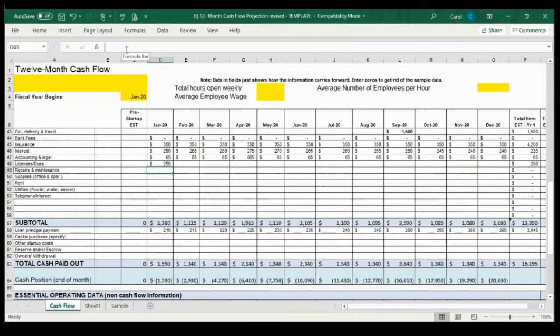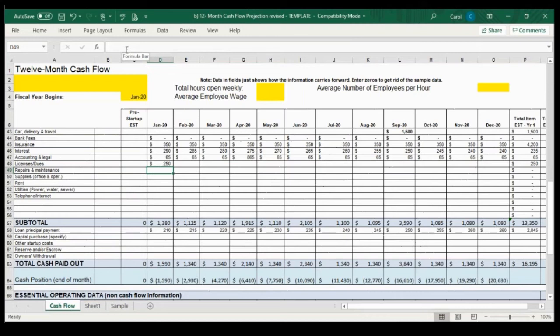Repairs and maintenance, no matter whether you're renting or buying, you're going to have some kind of repairs and maintenance associated with your business. It might be snow removal. It might be fixing the plumbing. It might be having someone come in to clean the operation periodically.